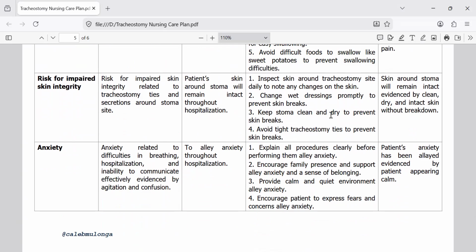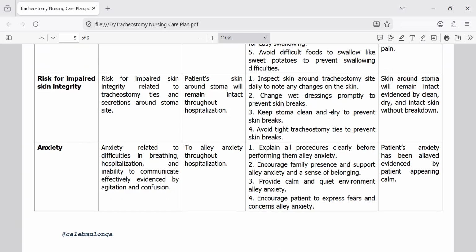Risk for impaired skin integrity. I know I've jumbled them. I've started with the risk, then anxiety. But the correct manner is having anxiety first, then risk for impaired skin integrity. So risk for impaired skin integrity. Remember, this patient has something on the neck.